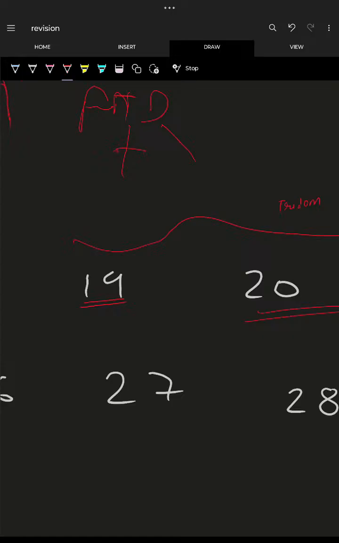So 19 does get removed during the national emergency. 19 gets removed under Article 358, this is 359, while 20 and 21 don't get removed.